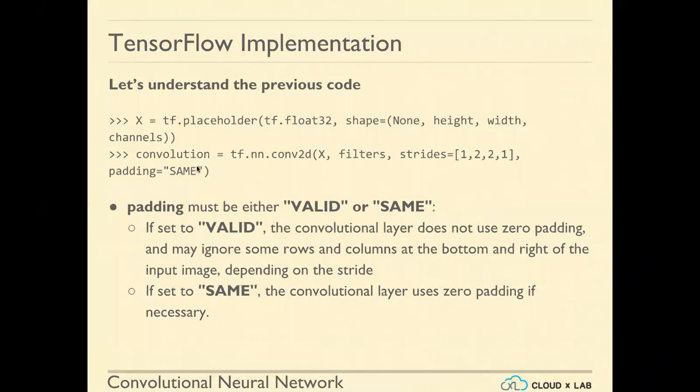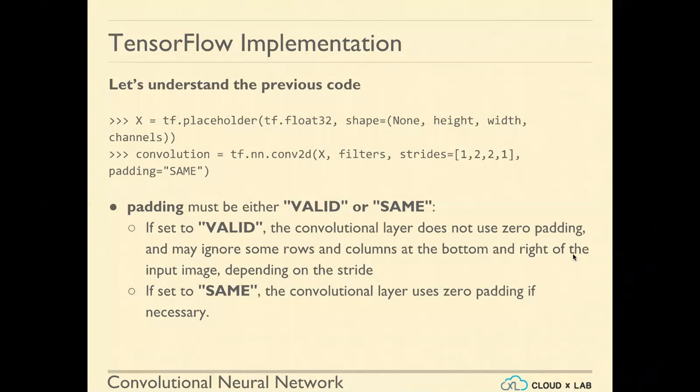The padding part, whether same or valid, is basically another hyperparameter. If we say valid, that means the convolution layer does not use zero padding and may ignore some of the rows and columns at the bottom and the right of the input image.